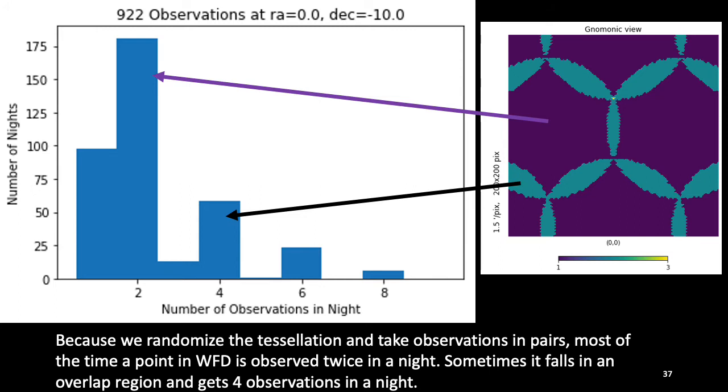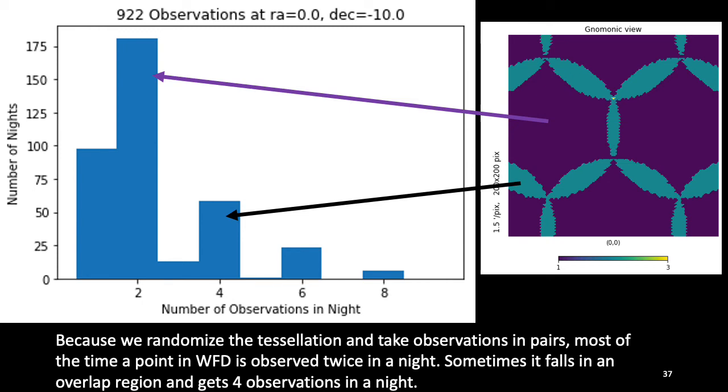We can look at the history of that point as well by how many observations there were in a night. On about 100 different nights, that point in the sky was observed once. 175 times it was observed twice, and then 50 times it got 4 observations. And that's, again, because we have this sky tessellation pattern.